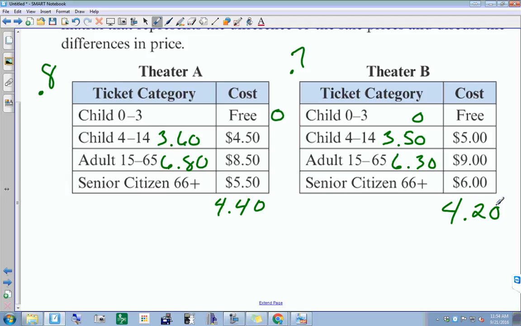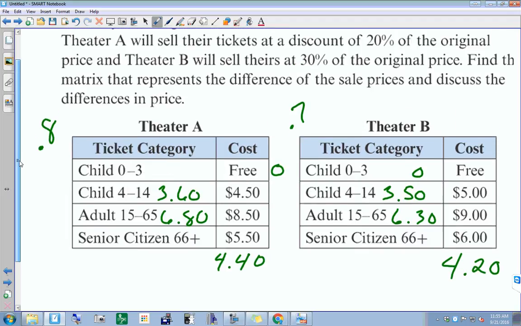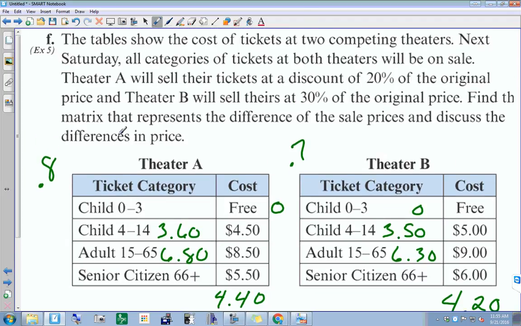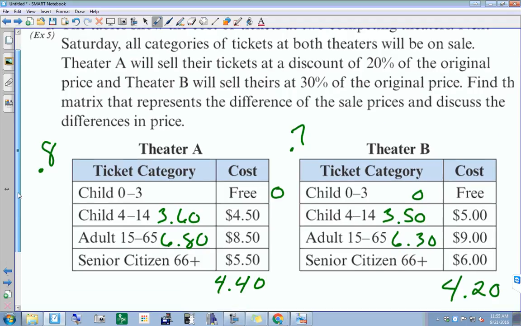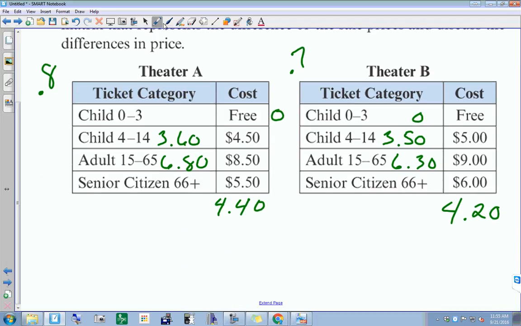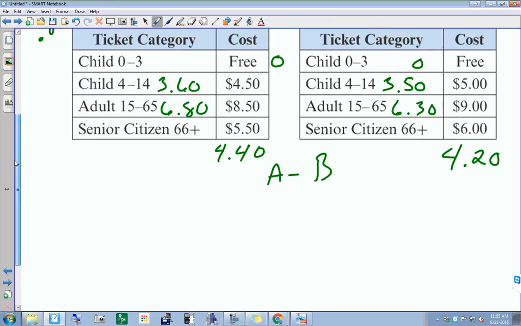Now, the other thing that they wanted us to do is find out what the cost comparison was between the two. Find the matrix that represents the difference of the sale prices. So, if I do A minus B, that means I'm going to be looking at the matrix.